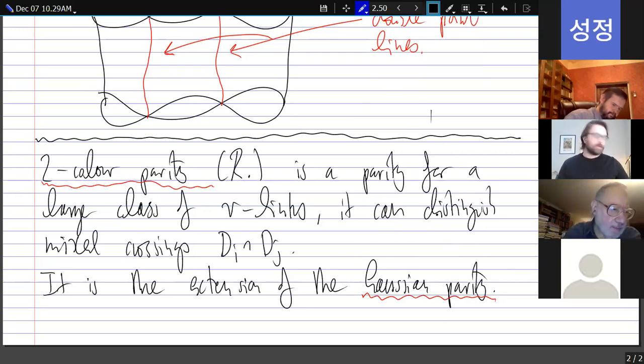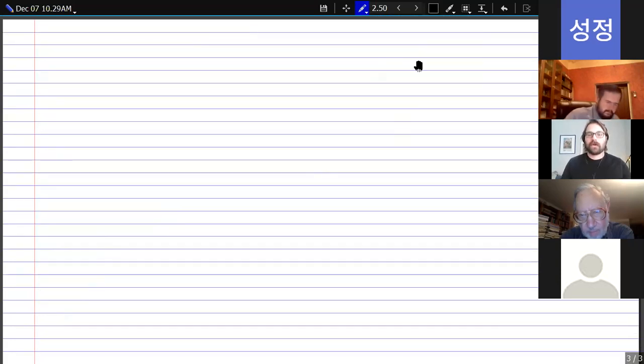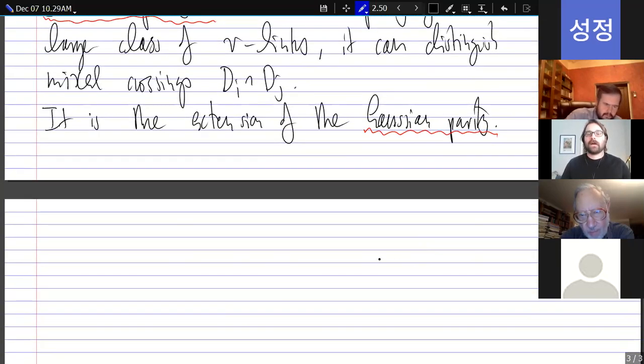Now, before giving the definition and proving some things about it and showing you some things, I want to highlight something that is needed in the construction of the two-color parity that I think is prototypical for the whole problem of extending parities to links.